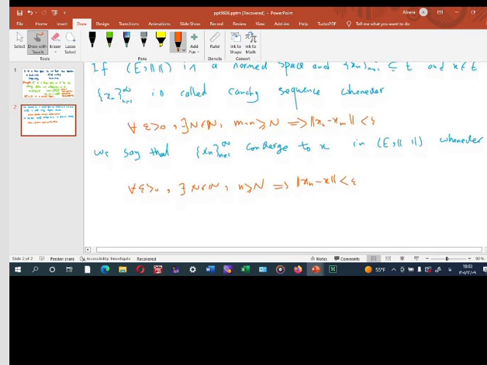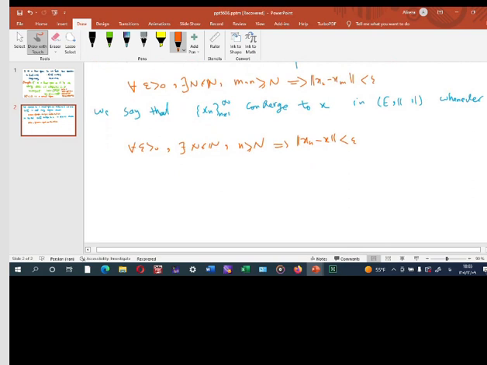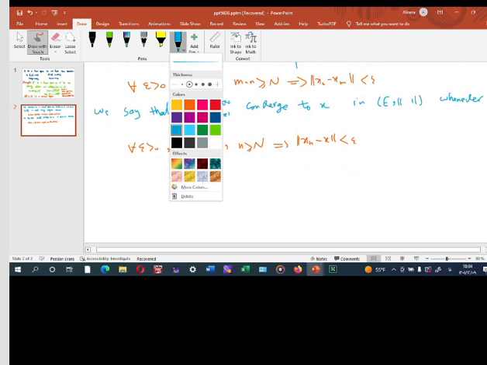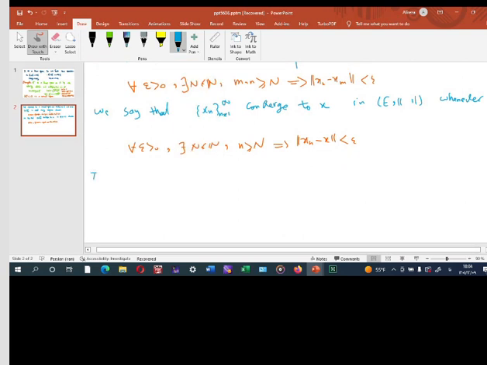Okay, it is very clear that if xn is a convergent sequence, then it is Cauchy.